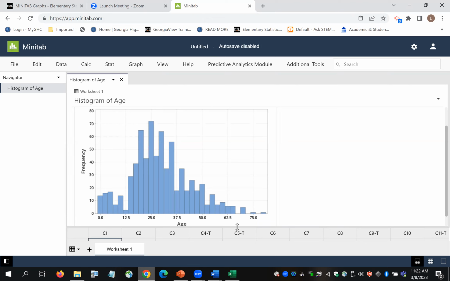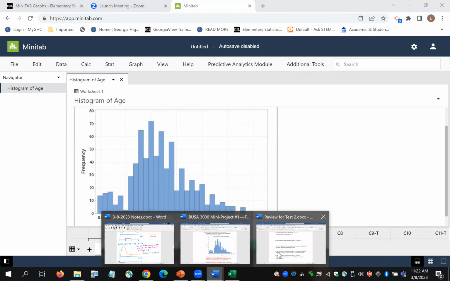If I want to make other observations, I could say that there were very few that were of retirement age because there's not very many over the age of 66 or 65.